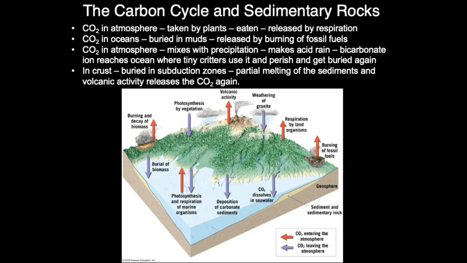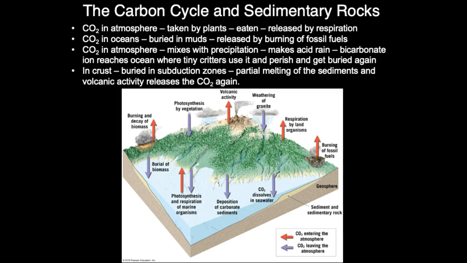One way in which CO2 gets back into the hydrosphere and geosphere is by the combination of CO2 with water and then precipitating as acid rain, and later that bicarbonate ion that remains from the chemical weathering process, all of that we covered in chapter 6, will be carried to the oceans where the microscopic organisms use it again to make their exoskeletons and their calcium carbonate.